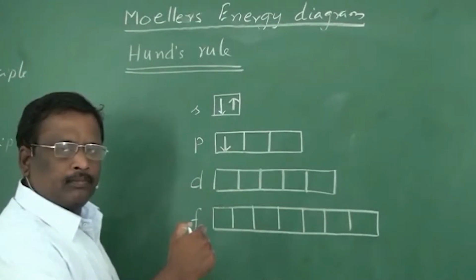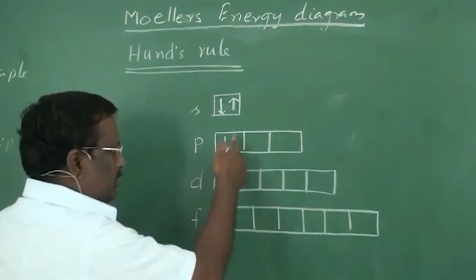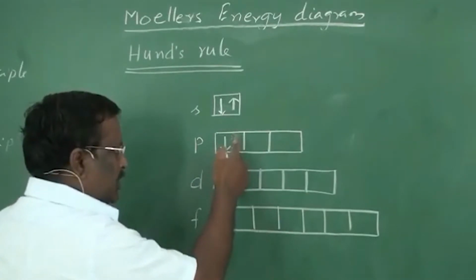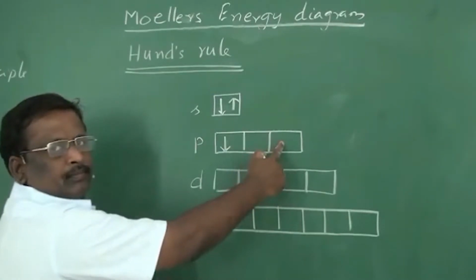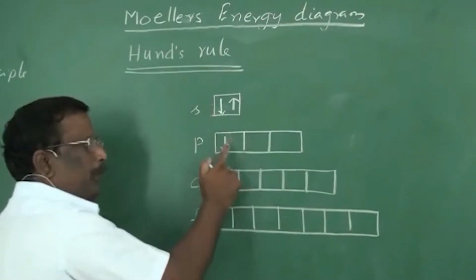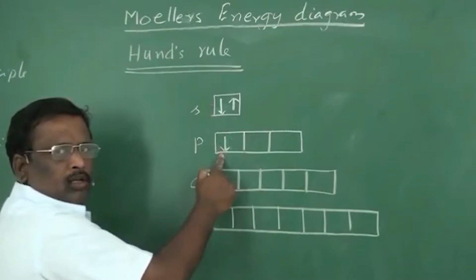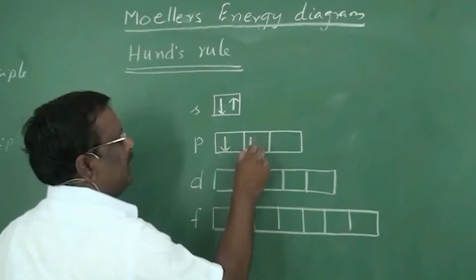Now this orbital could accommodate the second electron, but there are 2 more orbitals with the same energy. So the second electron is not going to pair with the first electron, because these orbitals are empty. So the second electron will enter here.